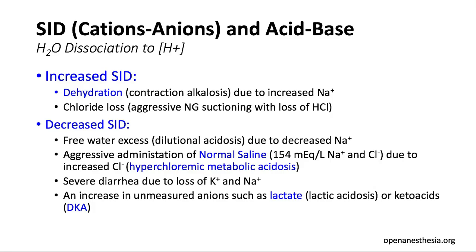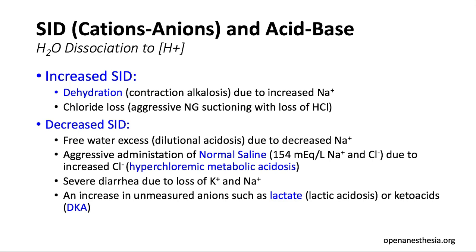Well, what can increase the difference between the positively charged and the negatively charged, and increase that strong ion difference? Well, dehydration is one, or contraction alkalosis, where the sodium goes up. When dehydrated, you've lost water, and if sodium goes way up, the positive charges go up, and the difference between positives and negatives gets wider and wider.